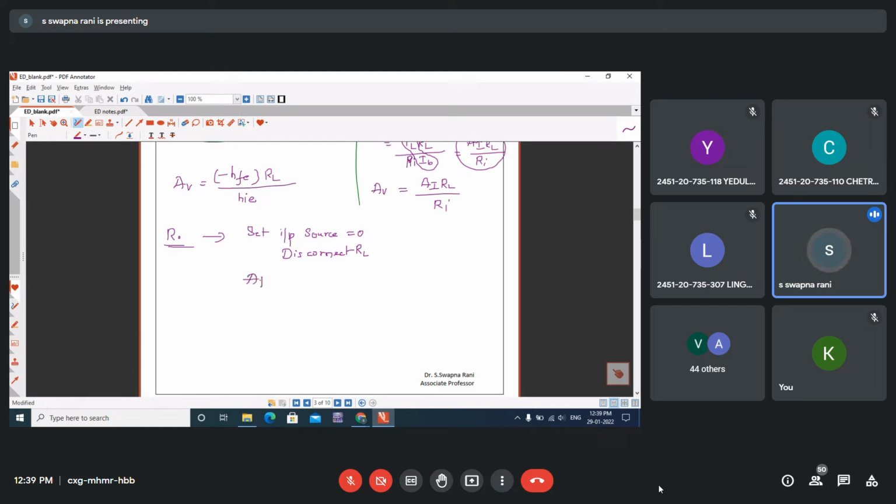Apply a voltage V across the output terminals.